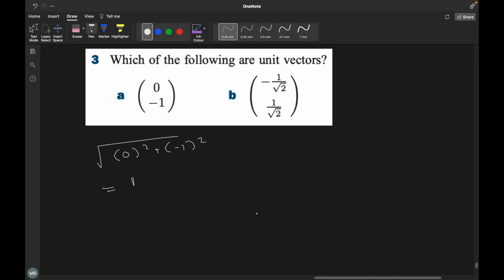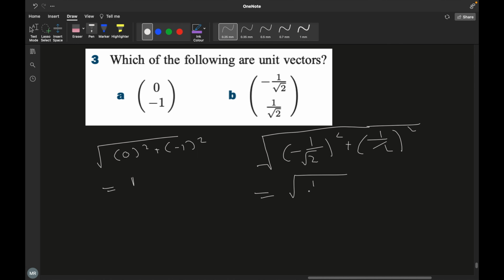And now we have this one, square root of 1 over root 2 whole squared plus 1 divided by root 2 whole squared. It's going to be square root of 1 divided by 2 plus 1 divided by 2, which is root of 1, therefore 1.